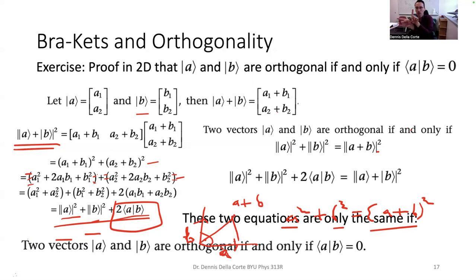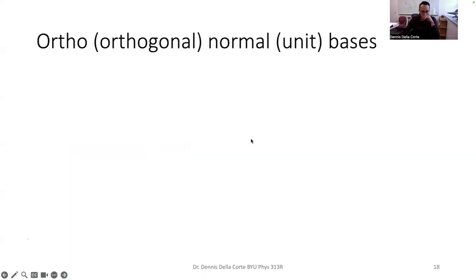But if this vector points straight up with a 90-degree angle and you shine a flashlight on it, this vector is not going to cast a shadow on this. So the dot product is 0. The bracket product is 0 when you have orthogonality, when there is a 90-degree angle between them. So different ways of looking at the same statement. Okay, great.